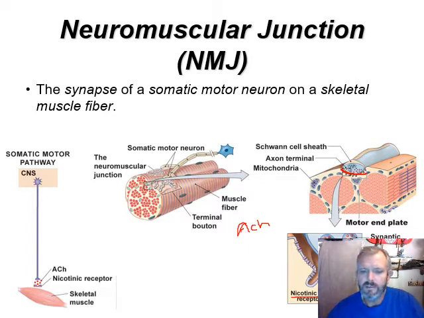Nicotinics are ligand-gated ion channels. It's going to allow for our sodium. So when acetylcholine is released by the motor neuron, it binds to the nicotinic receptor, now sodium can rush in, and that's going to cause depolarization of the muscle fiber. That's going to give us our excitation, right?